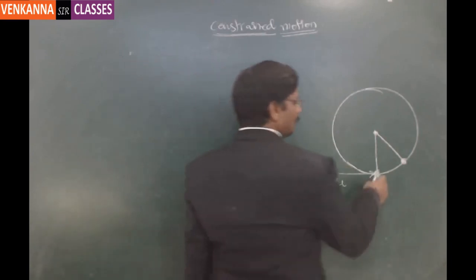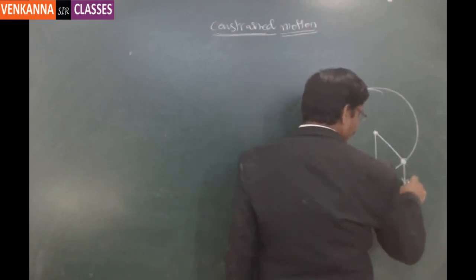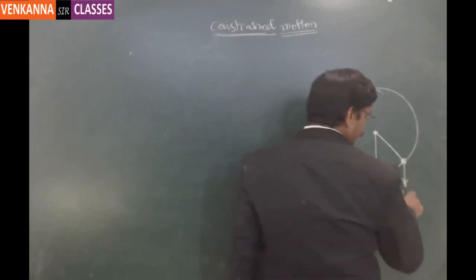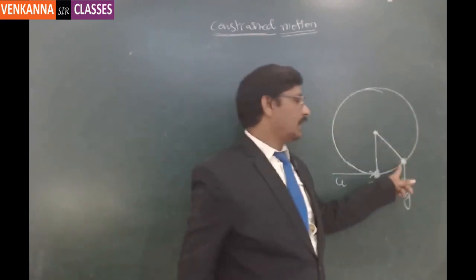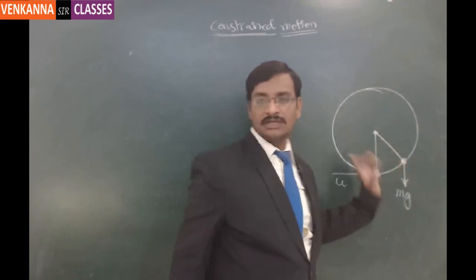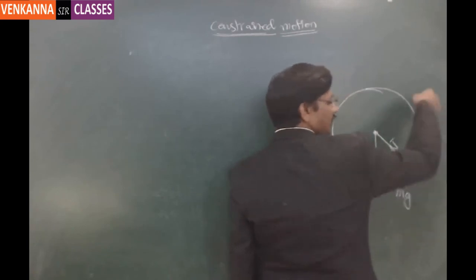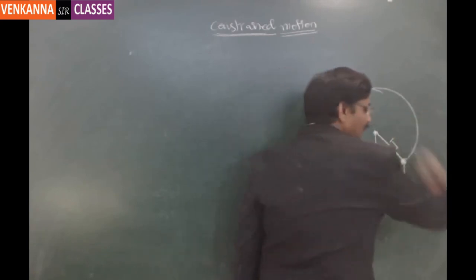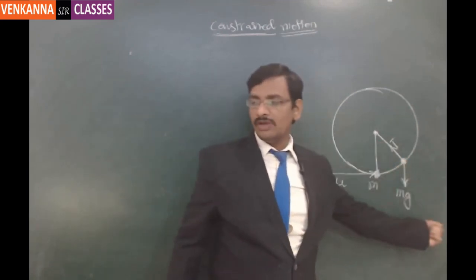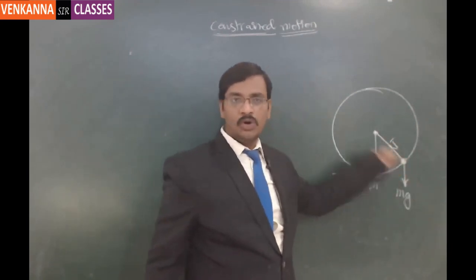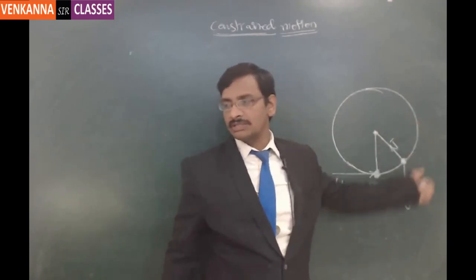So initially the mass of the particle m will be there. Obviously this mass will have a certain associated weight which is given by mg, and this is the thread, and then it has to have a certain tension which is dragging towards the center always, because the particle is trying to move away from the center, but this tension will hold it so that it won't move in the forward direction like this, it will move only in a circular fashion.